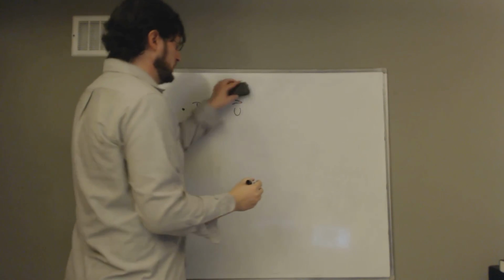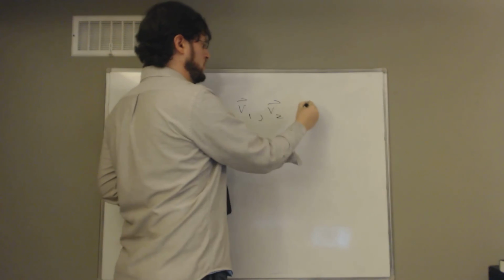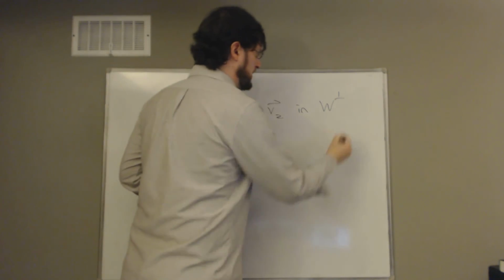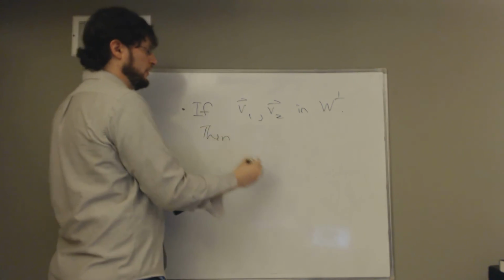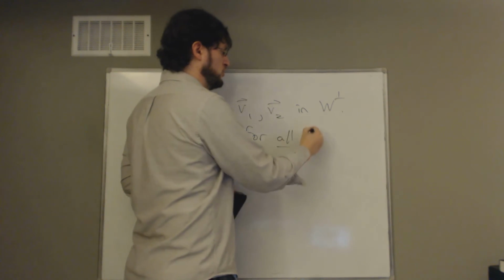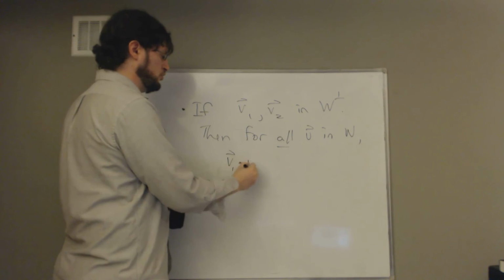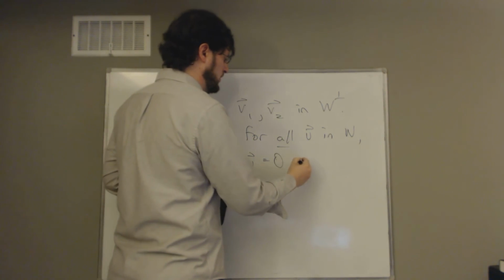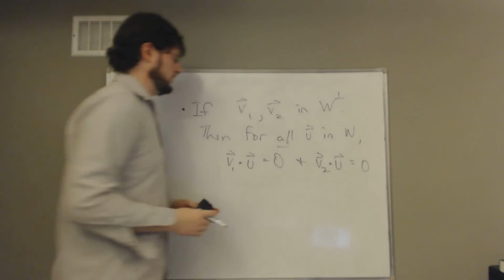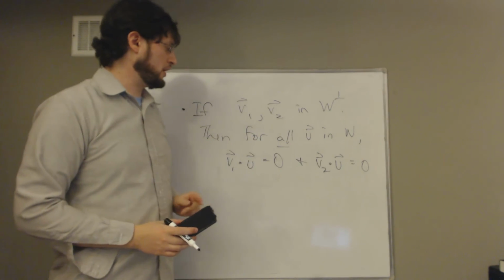Let's say V1 and V2 are in the orthogonal complement. What does that mean? That means that for all u in W, V1 dot u equals 0 and V2 dot u equals 0. This is again what it means to be in the orthogonal complement.